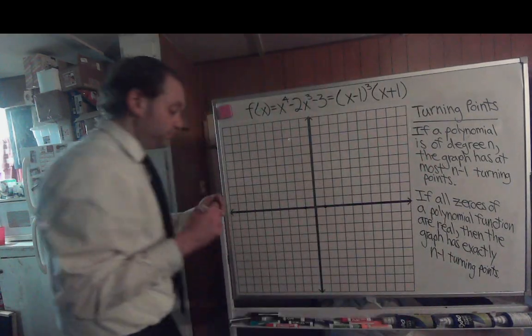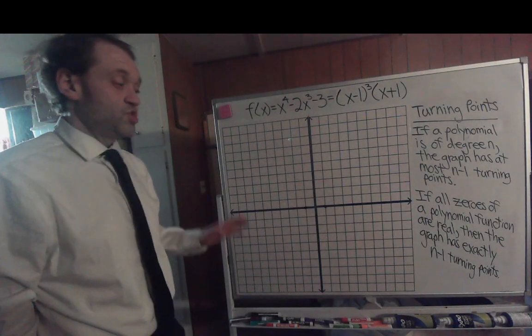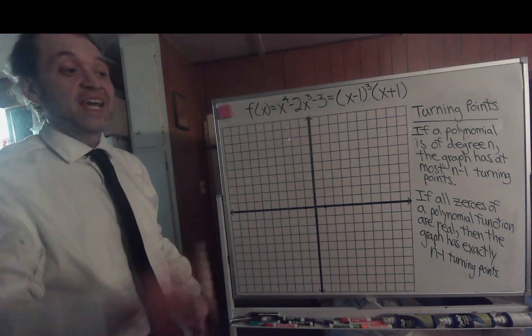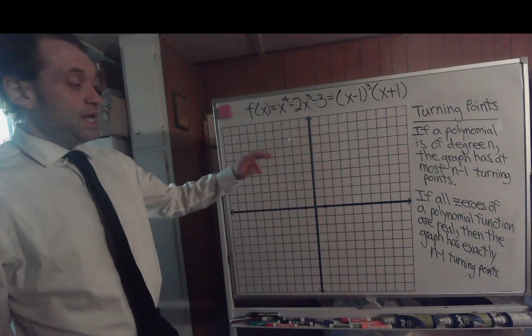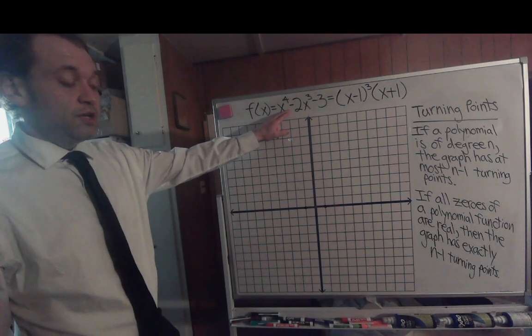Okay, so if all zeros of a polynomial function are real, then the graph has exactly n minus 1 turning points. So again, this is a 4th degree polynomial.